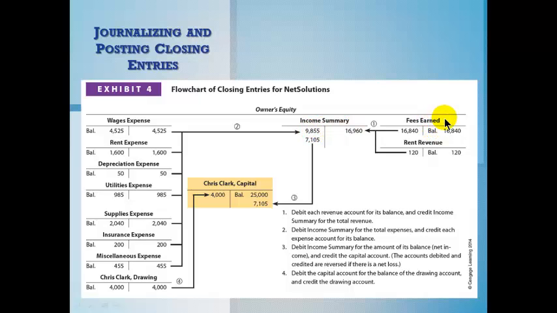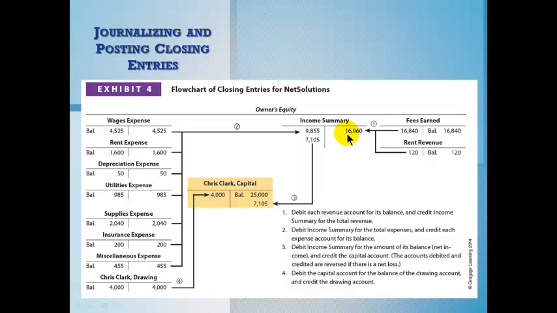I show my revenues over here. They all had credit balances, credits on the right hand side of the T. They had to be debited here, which both revenue accounts were debited for $16,960, and I credited income summary for that amount.